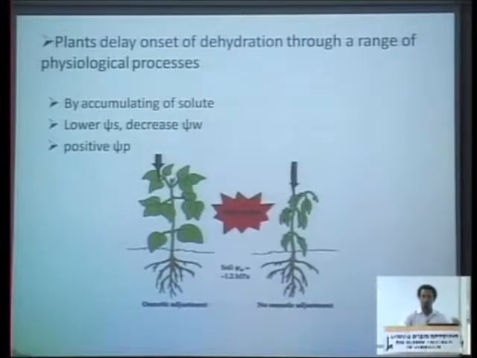Plants don't stay open to drought effects. They try to avoid these drought effects using different mechanisms. One of those mechanisms is reducing the osmotic potential by accumulating solutes. You can see in the picture, for example, here the plant undertook osmotic adjustment by accumulating solutes in the leaf.